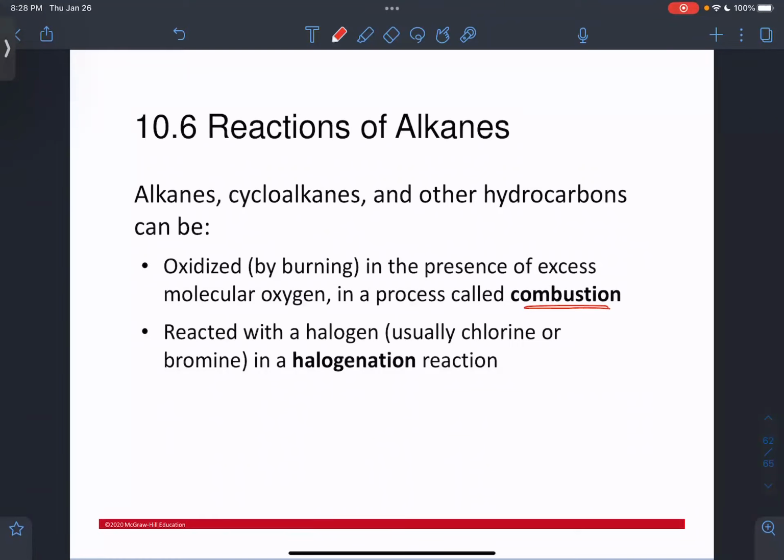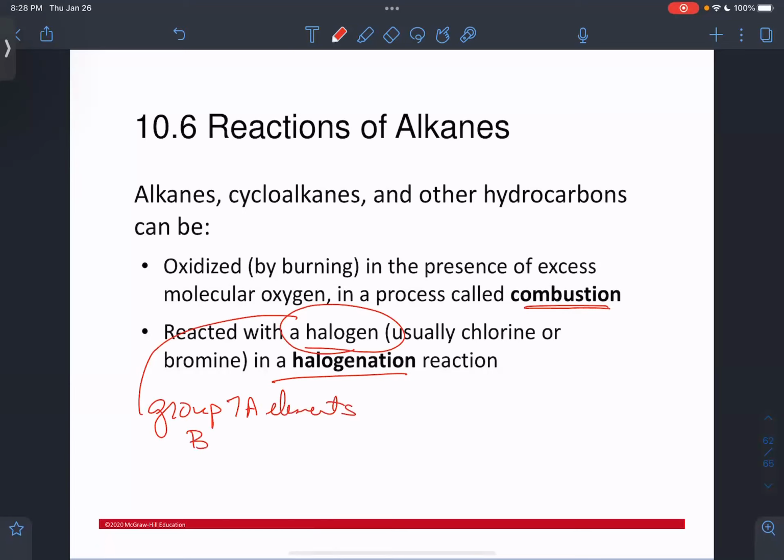The other one is called a halogenation reaction, where a halogen, and remember the halogens are the group 7A elements, right? So bromine, iodine, and so on. Typically the most common are chlorine and bromine, but any of the halogens would work.